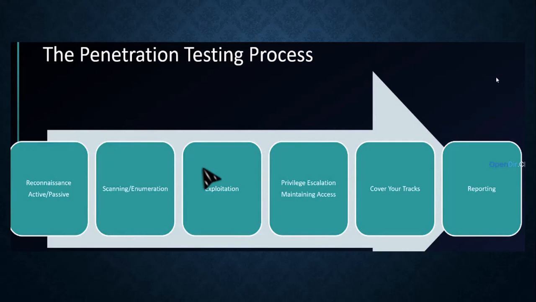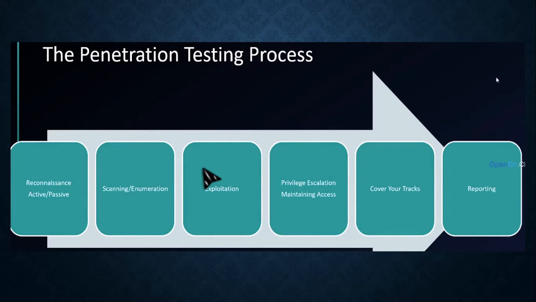Now, this is the penetration testing process. In the general penetration testing process, whether web or mobile app, any test you are doing, you are going to do reconnaissance. Reconnaissance means investigation, the prior investigation, active or passive. Active means testing the app. Passive, indirect. You are going to scan or enumerate.